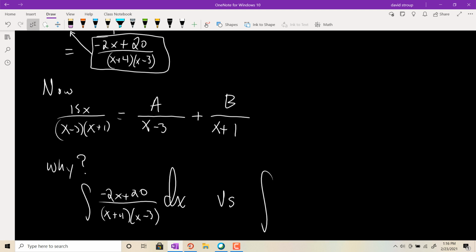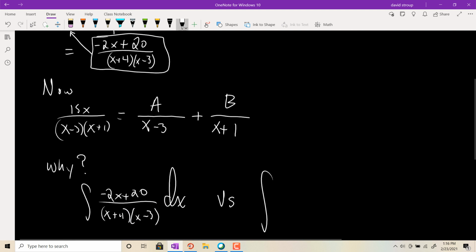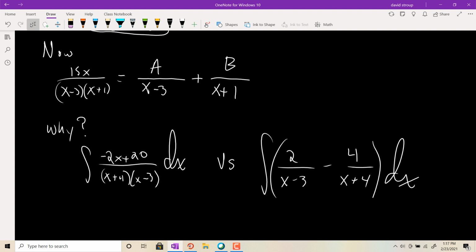The decomposed form would be 2 over x minus 3 minus 4 over x plus 4. I don't know how to do this first integral, is kind of the point. I don't know how.